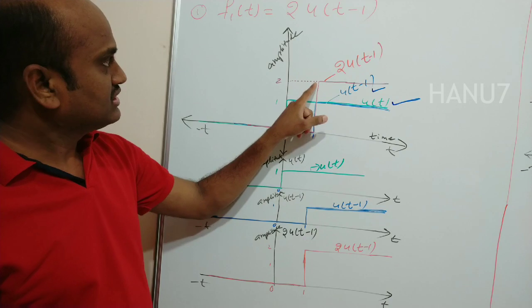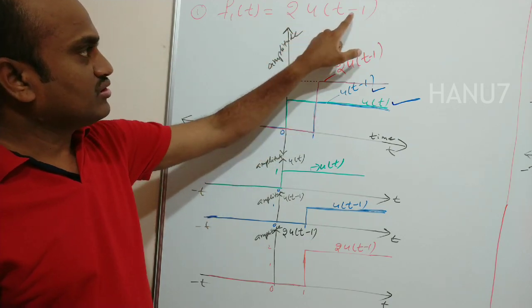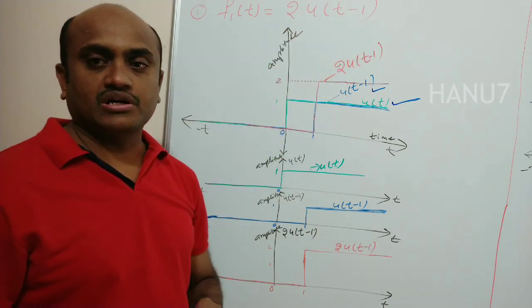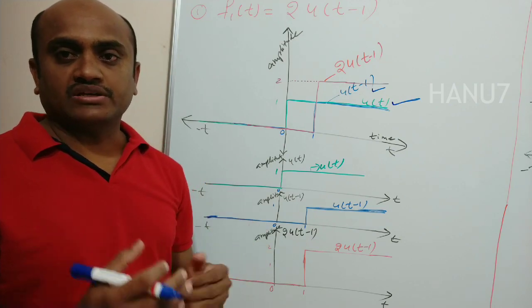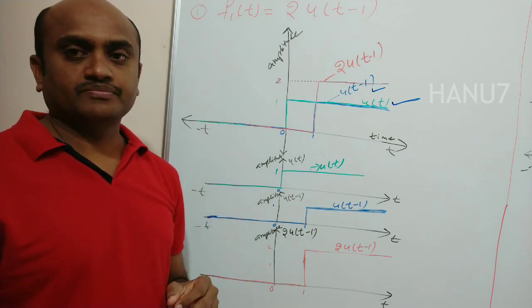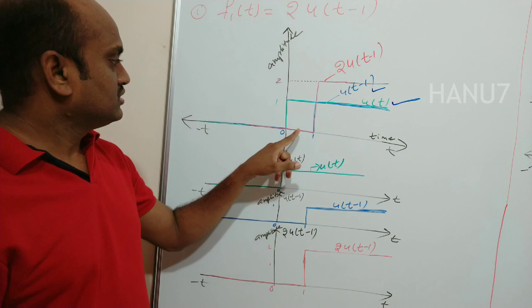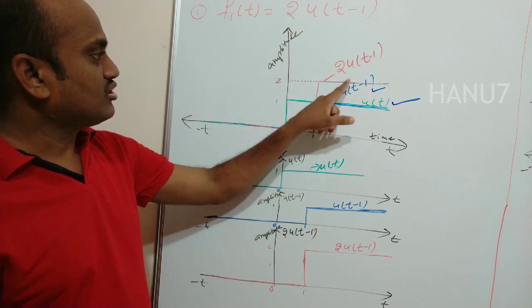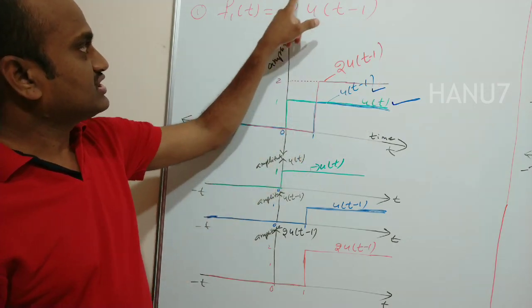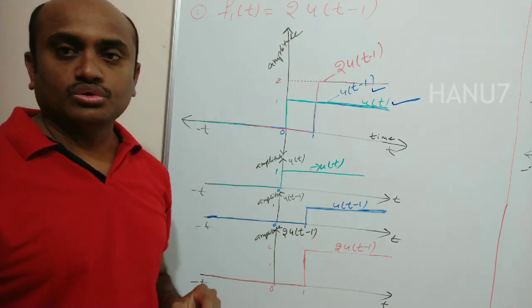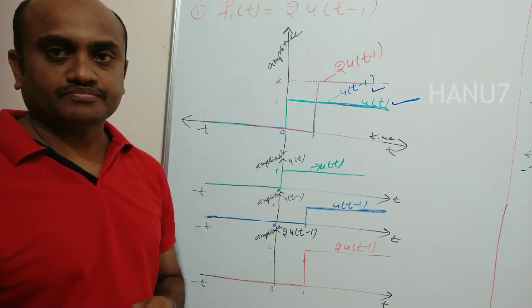I multiplied this u(t-1) by 2. This operation is called amplitude scaling. We are increasing the amplitude from 1 to 2. So that is what we are supposed to do in the first question: 2u(t-1).